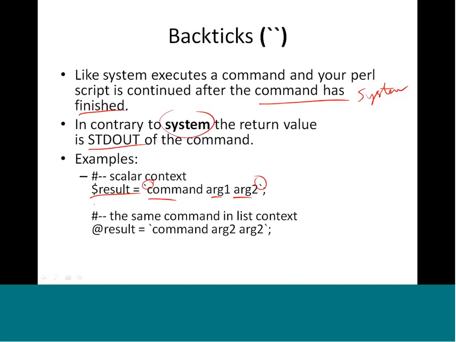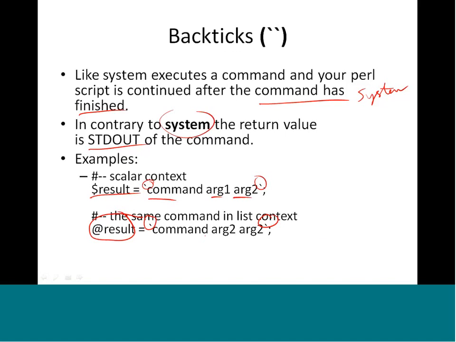And if the command actually returns a list, then all you have to do is store it as an array with result as the name, and then execute the command in the backtick mode, and whatever comes up is stored as an array, basically the result of that command. So this is very useful when you are doing a sort, an external sort for some reason, and then actually using it and storing it into the result.